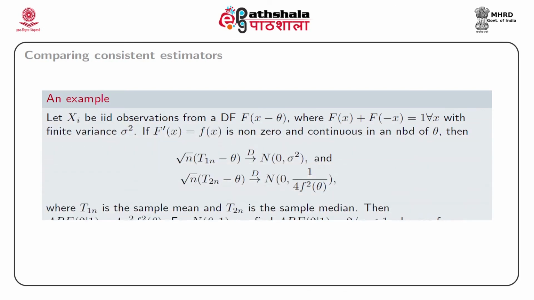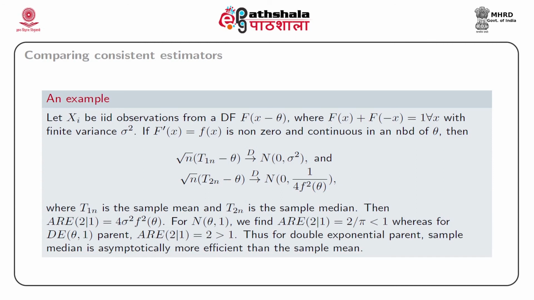Let Xi be IID observations from a distribution function given by F(x minus theta), where F(x) plus F(minus x) equals 1 for all x, that is, symmetry, and we also assume that the variance of the observations is sigma square and is finite.